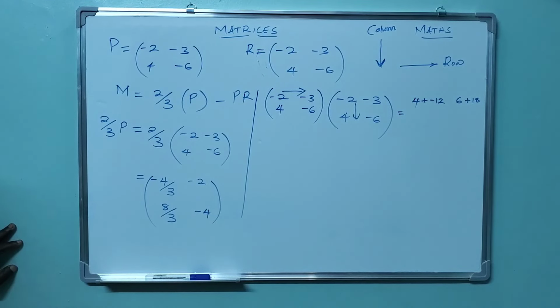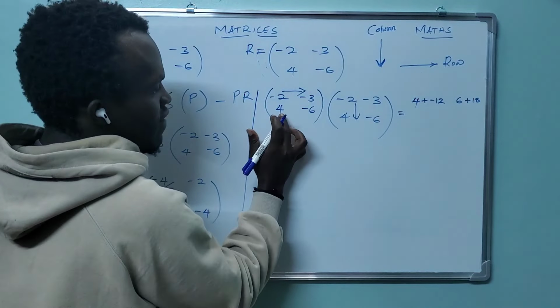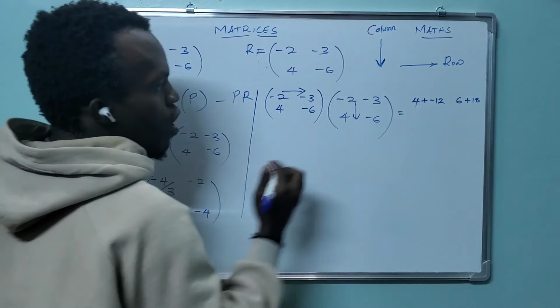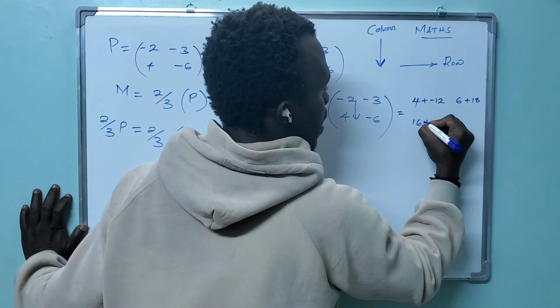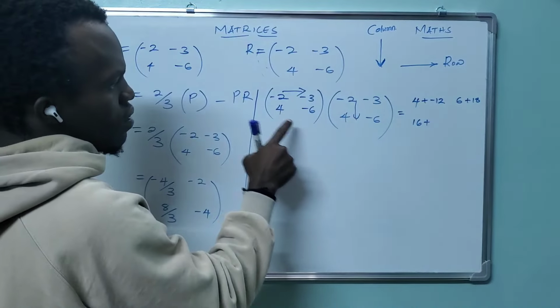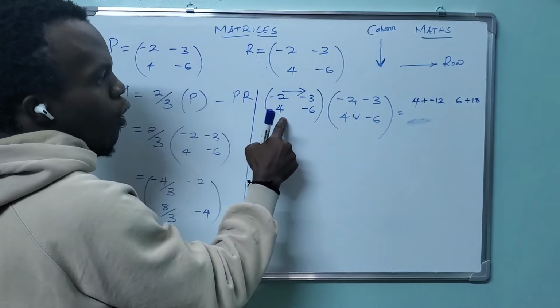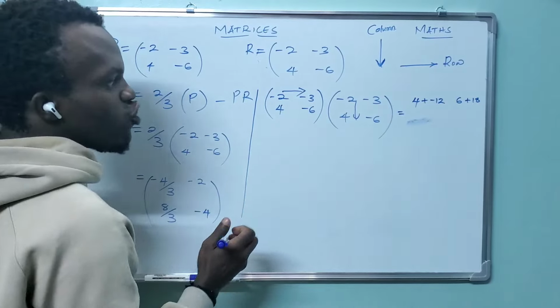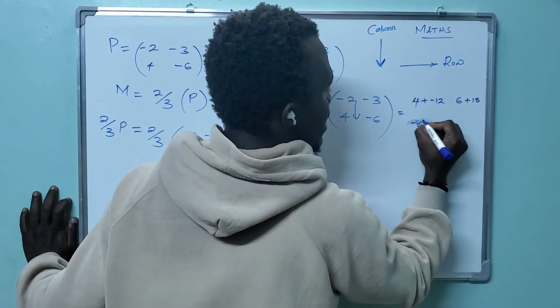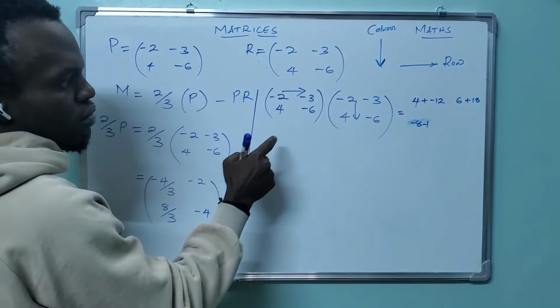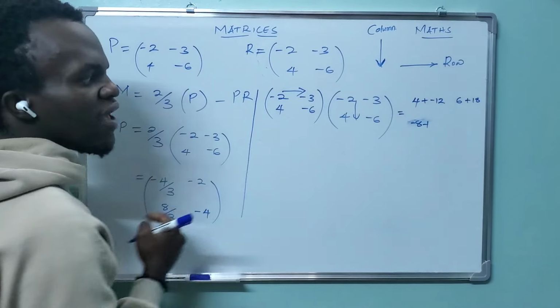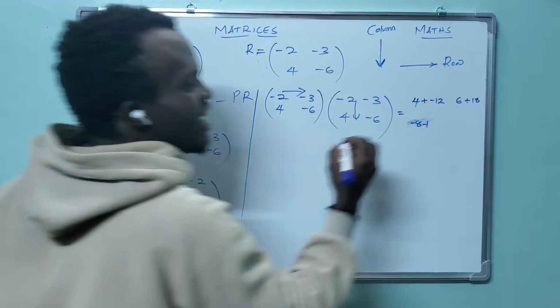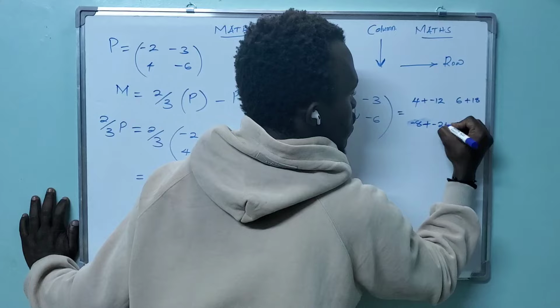Now we go to the second row of the first matrix, and multiply it with both columns of the second matrix. 4 multiplied by negative 2 is negative 8, plus negative 6 multiplied by 4, which is negative 24.